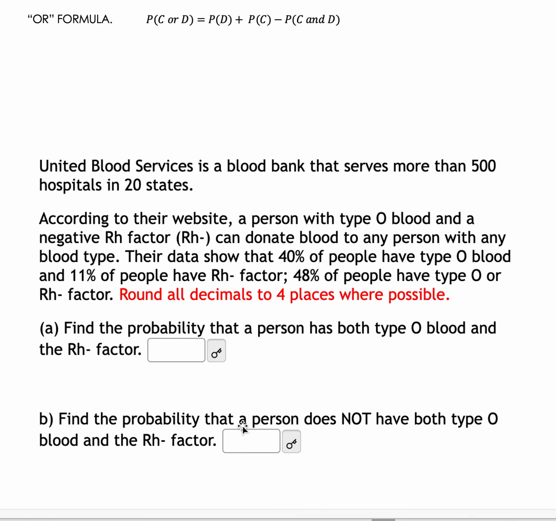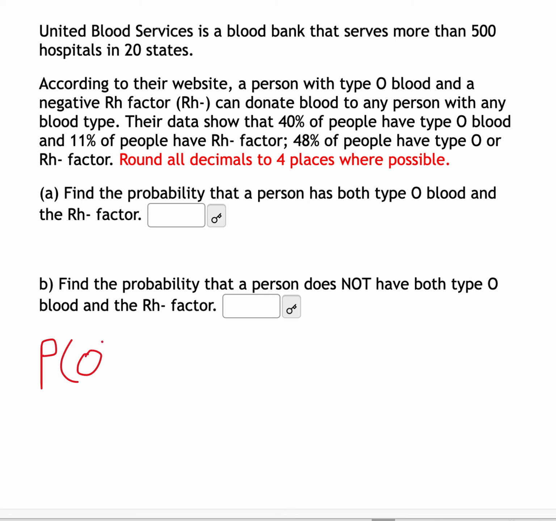So let's identify the information that we have. I'm going to say that O represents the event that someone has type O blood. And it says in the example here that 40% of people have type O. So I'm going to put the probability of having type O is 0.4.